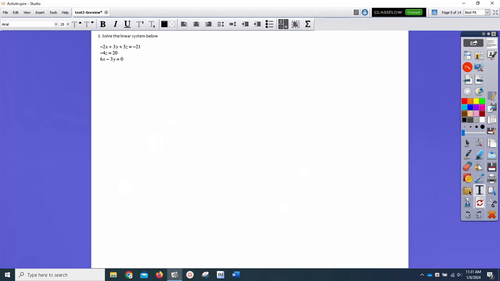We did matrices. So the other way I can do this is I can use matrices. I can create an augmented matrix, and when you do the augmented matrix, you have to be careful about placeholders and stuff. But line 1 is negative 2, 3, 5, negative 21. Line 2 has no x, it has no y, it has a negative 4z, and it's 20 on the other side.